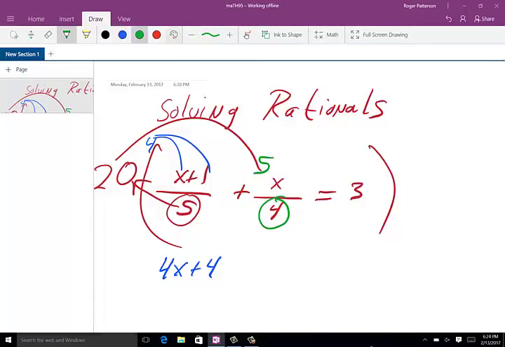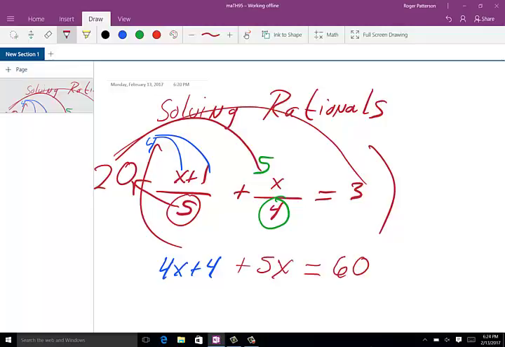So now I have plus 5x equals, now this 20 is going to go to this 3, but there's nothing to divide or reduce there, so that's just going to give me good old 60.